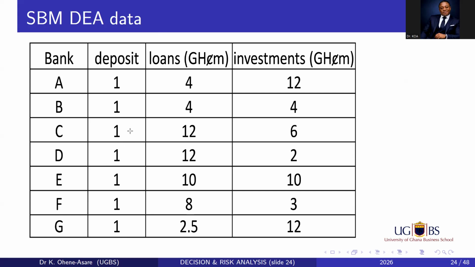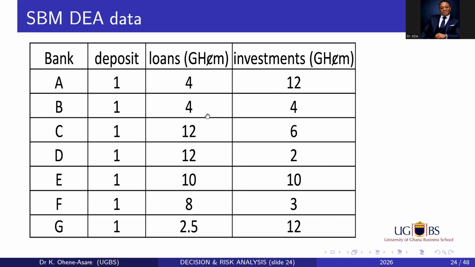So even if you know that you can increase deposit, you also know that you can decrease deposit. So in this context, deposit will have to be decreased. All right, and if deposit has to be decreased, then it is an output orientation because we have dealt with the input already. So the rest is to focus on how you maximize the output. This is how you execute these things.